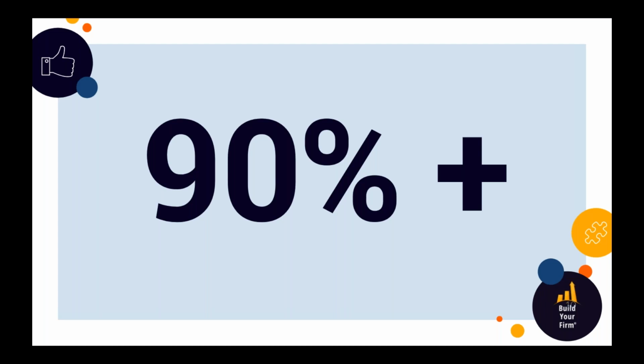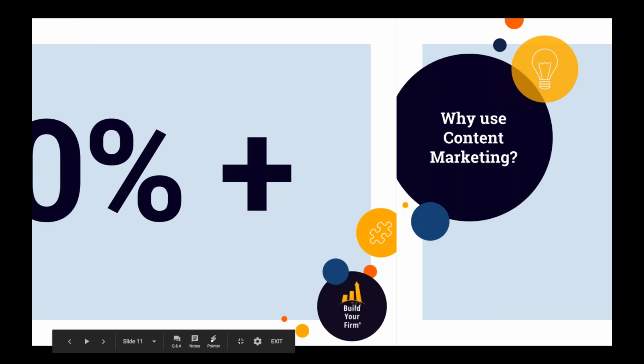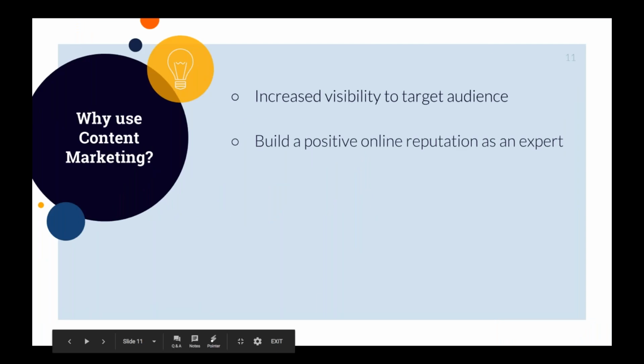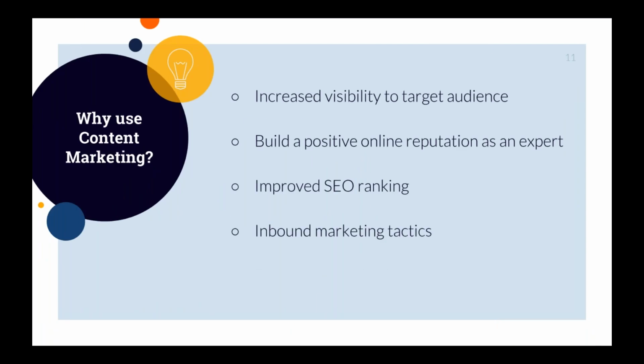So by employing content marketing strategies, you are getting increased visibility to your target audience. You're also building a positive online reputation. You're positioning yourself as an expert, and you're improving your SEO ranking for your firm's name, your firm's website, and your firm's location. You're also building trust, authority, and loyalty.